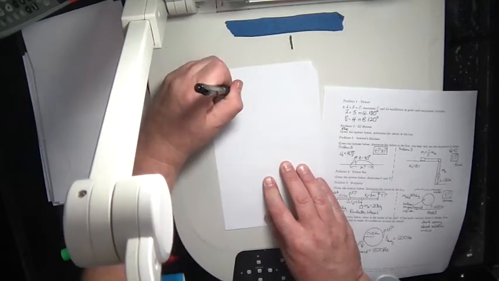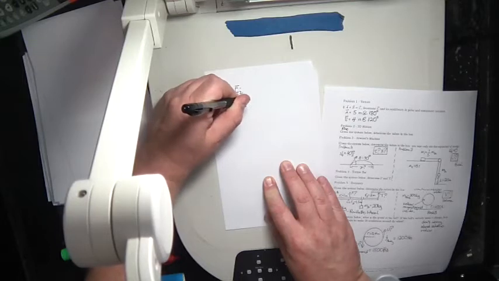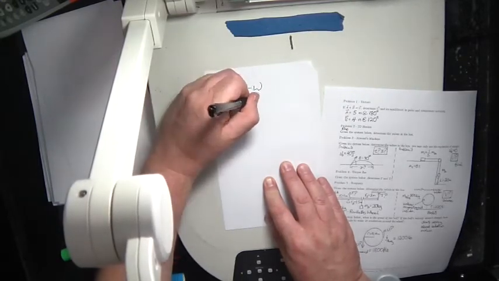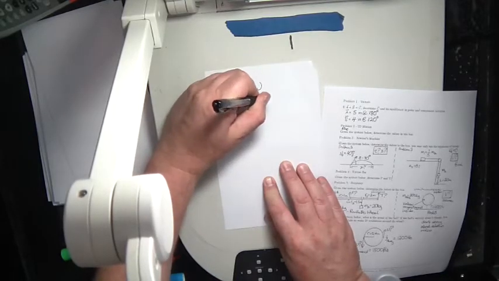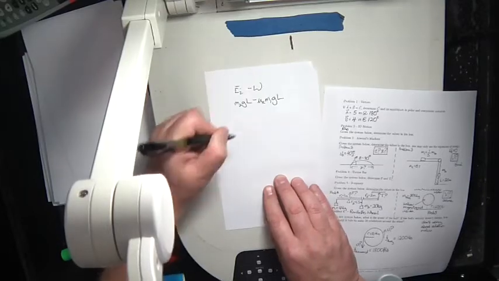In the initial position, the only thing that you have is potential. The work done through friction is that.